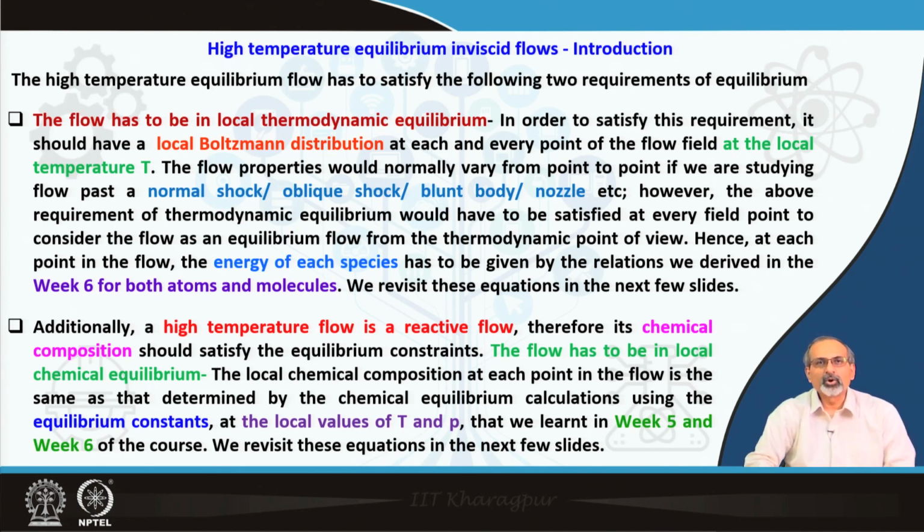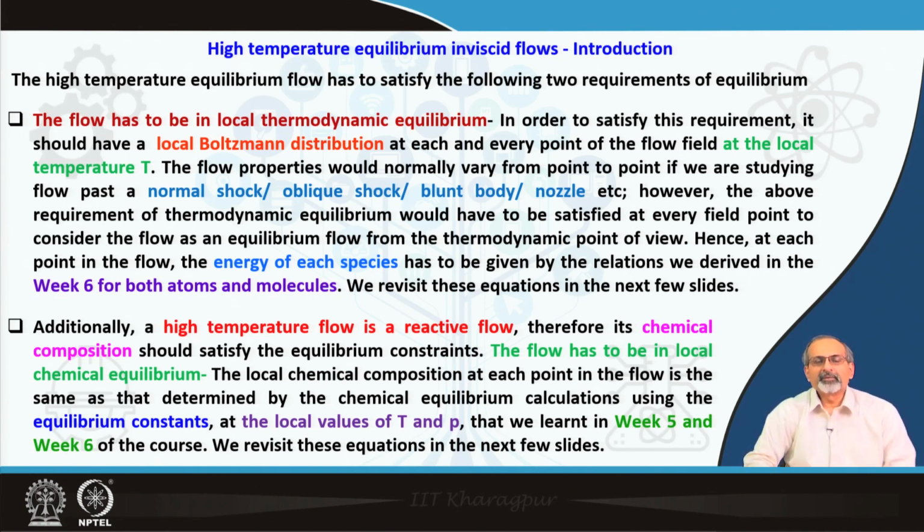So, let us look at local thermodynamic equilibrium first, and we of course have a flow in mind, though in the beginning we will discuss more about the thermodynamic or chemical equilibrium aspects as it applies to a stationary medium, but then we would also like to extend that concept to flow problems involving flow equations.